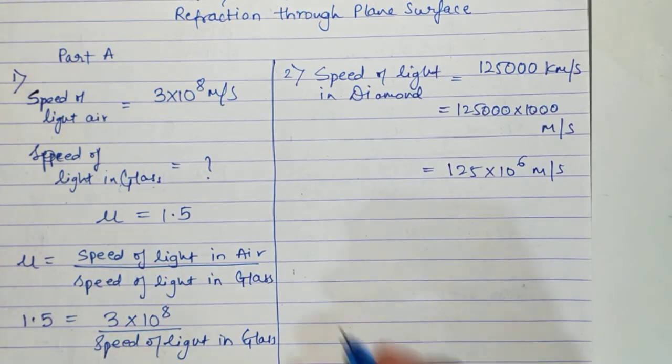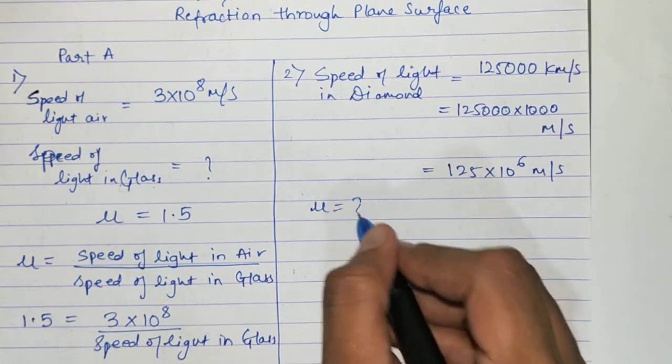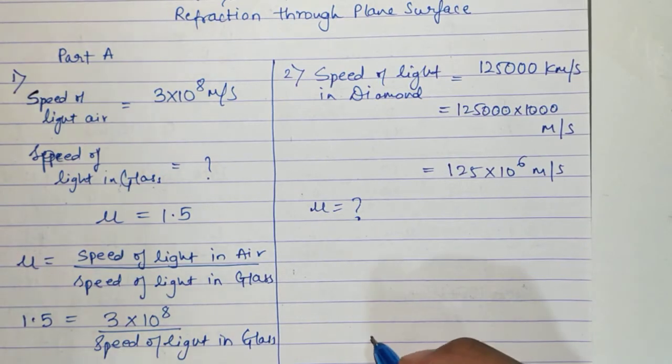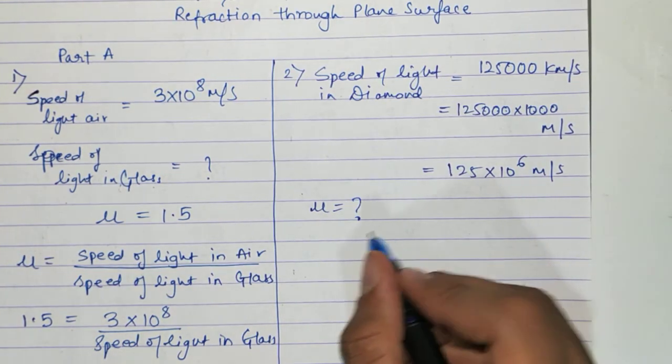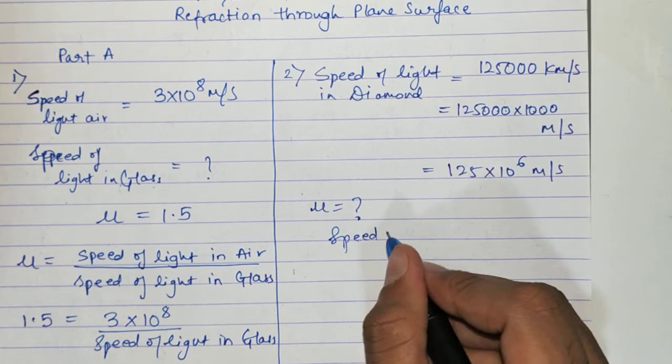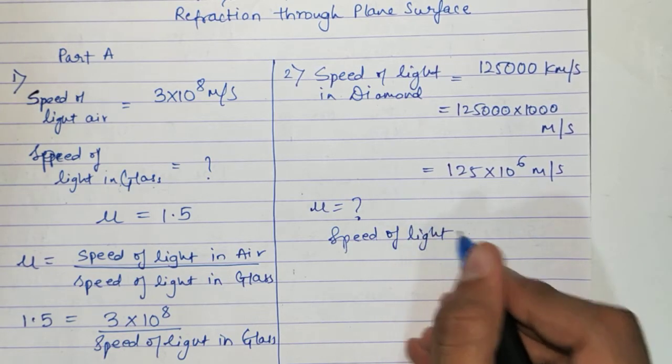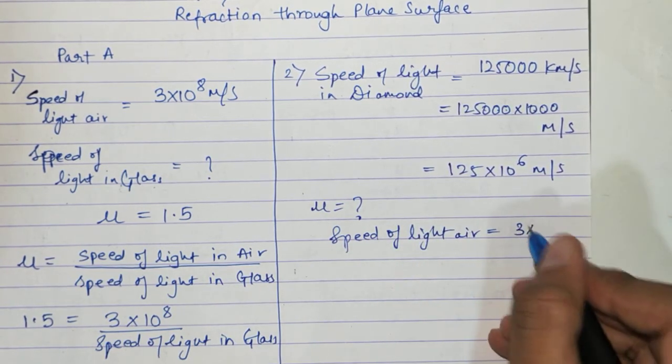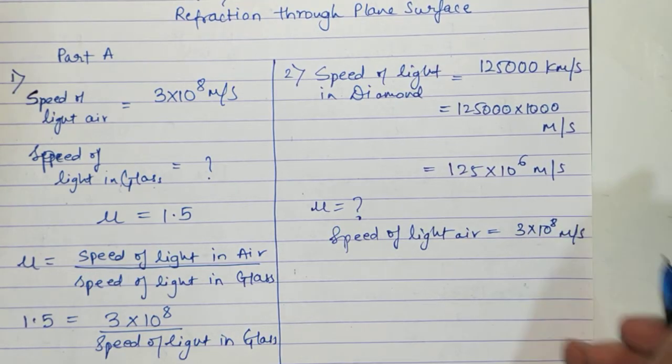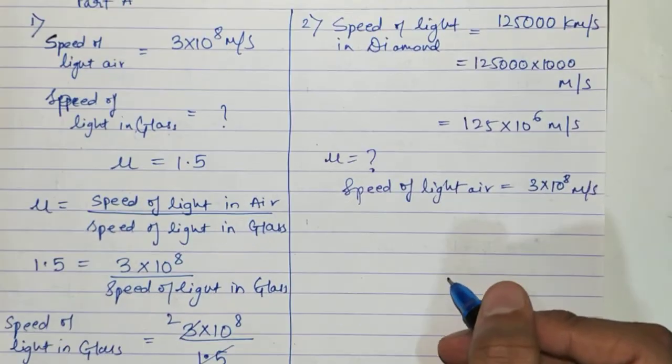They are asking you what is the refractive index. So you have to find the refractive index. Speed of light in air you already know. It is 3 into 10 raised to 8 meters per second. Okay.